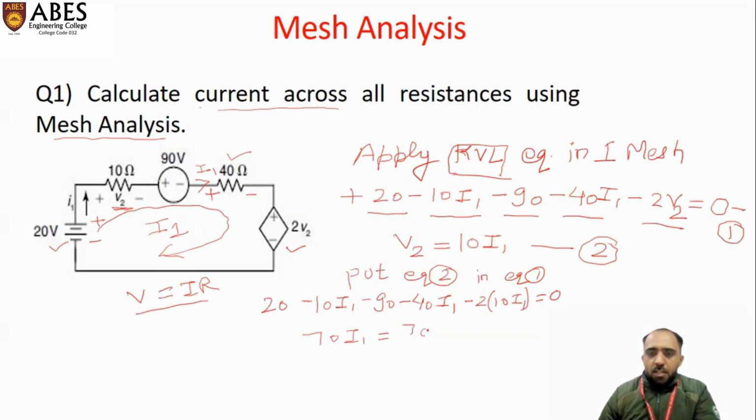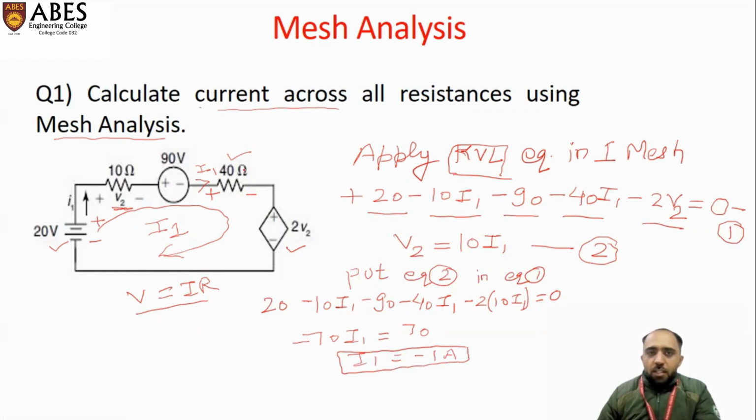So I will write here minus 70 I1. So I1 will be minus 1 ampere. The value of I1 will be minus 1 ampere as per this question.